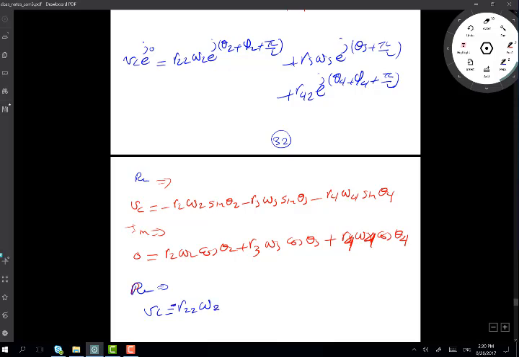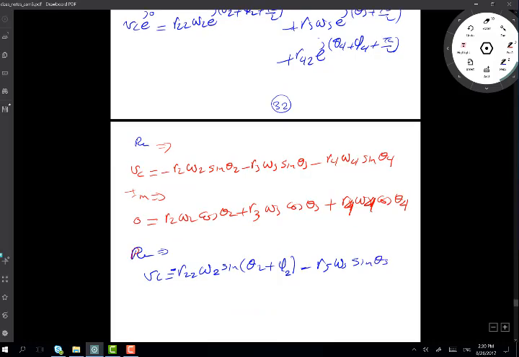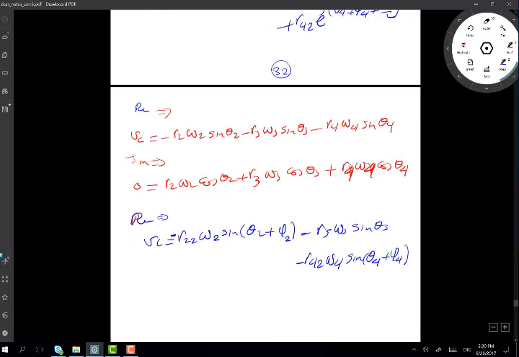And then there is negative here, negative sine of theta 2 plus phi 2, negative again R5 omega 5 sine theta 5, and negative again R42 omega 4, and then inside here I have sine of theta 4 plus phi 4, which is constant.